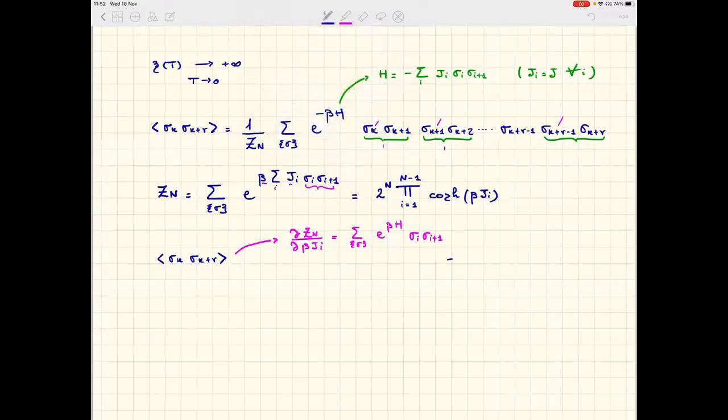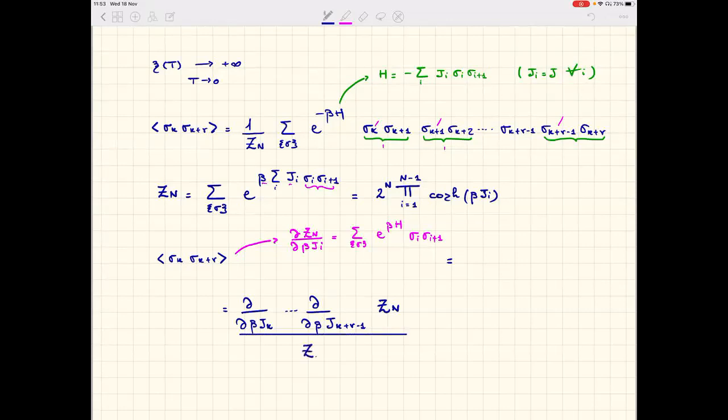So this is going to be equal to the derivative with respect to beta jk, up to the derivative with respect to beta jk plus r minus 1, of Zn, divided, of course, by Zn itself.